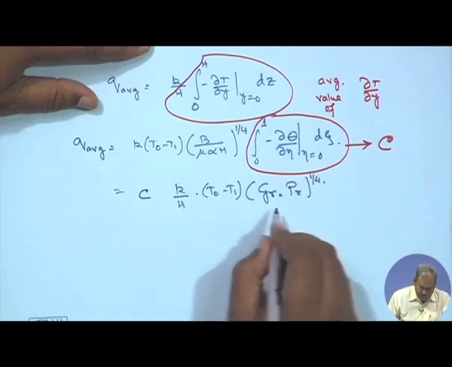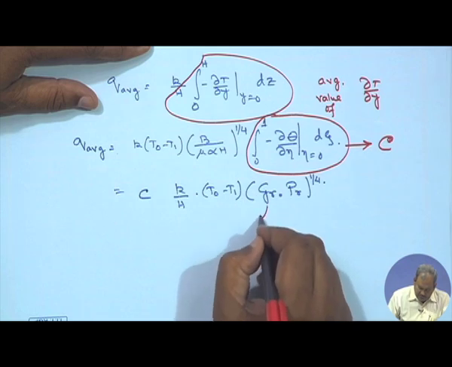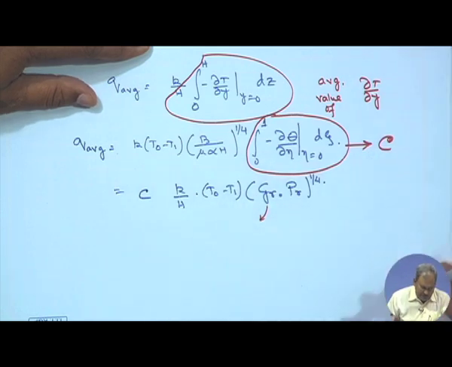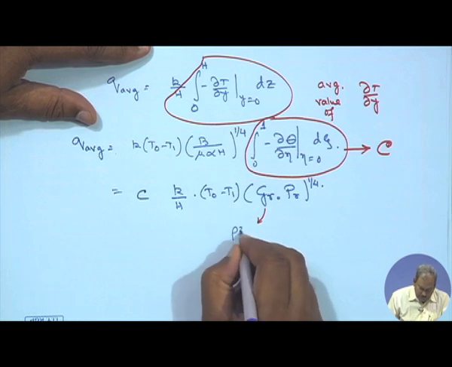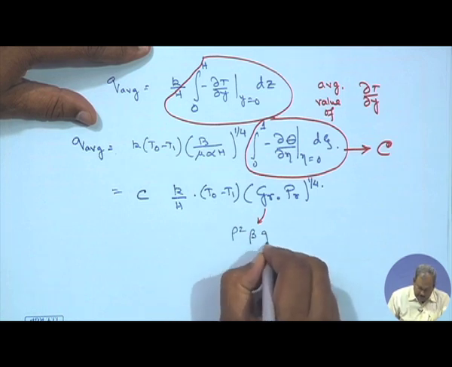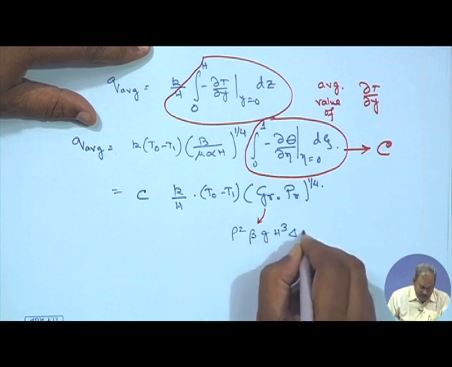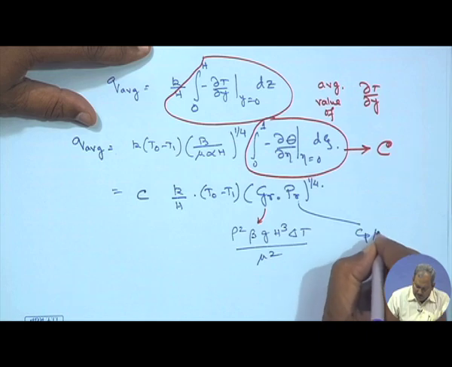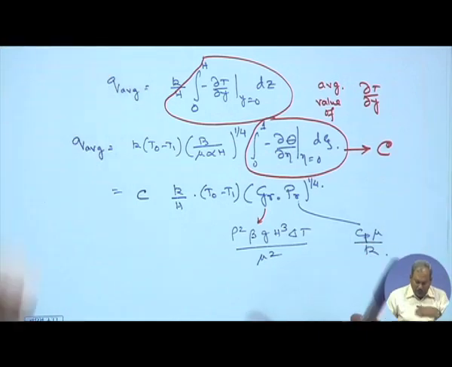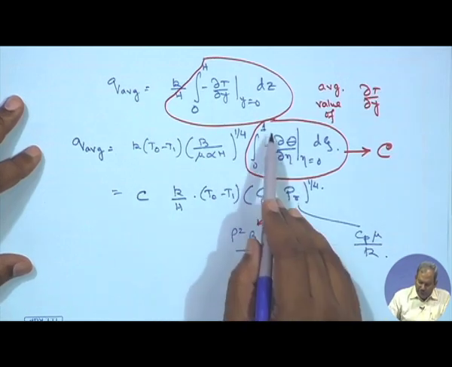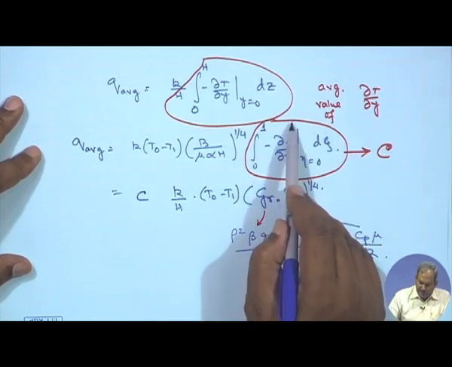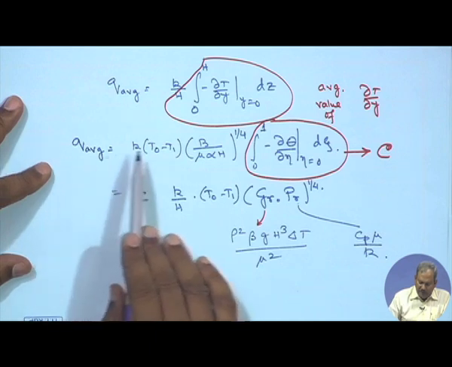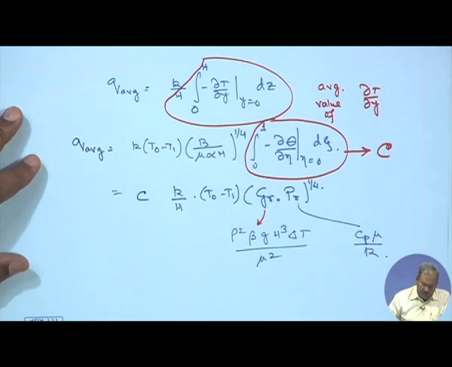So, what is the Grashof number? The Grashof number, which appears automatically, is defined as rho square beta g h cube delta T by mu square, and the Prandtl number we know is Cp mu by k. If we could evaluate this, then we have an expression for the average heat lost from the solid surface.